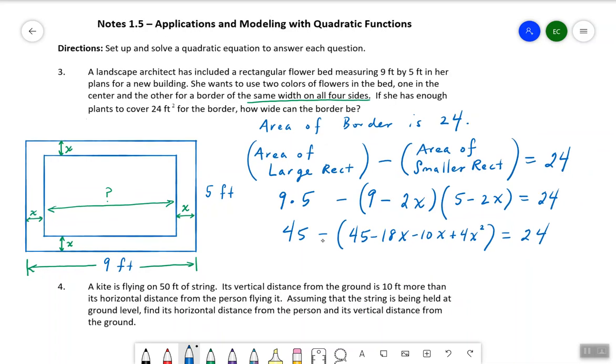Okay, so now we can distribute the minus sign. We'll get 45 minus 45 plus 18x plus another 18x, plus 10x this time, and then minus 4x squared. And all that's equal to 24.